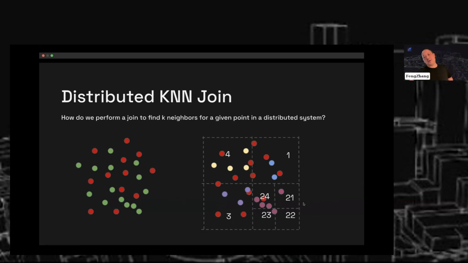For example, you can see right now, for this point, you probably won't include partition one because it's so far away. You already have enough points for your k nearest points, right?